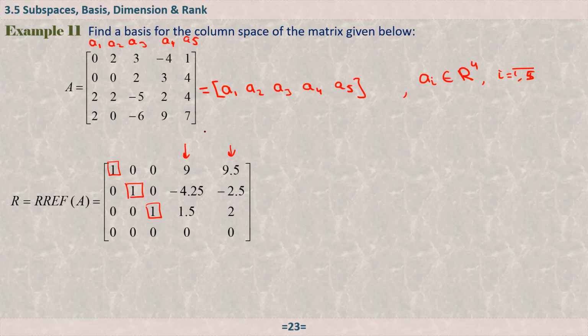But of course, I cannot take these 3 vectors of the reduced form as basis vectors. Why? Because as you see here, the last components are 0.